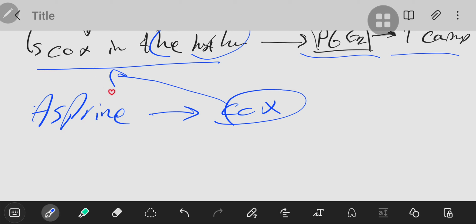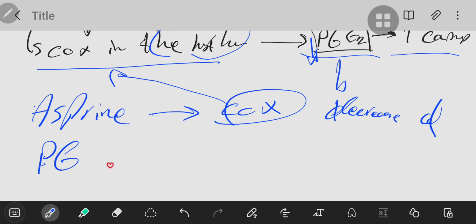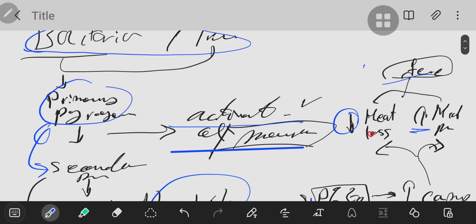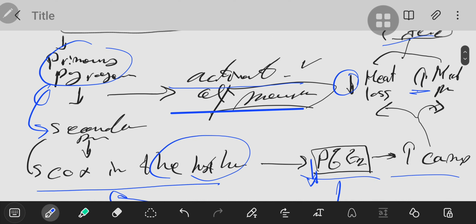If the COX is deactivated, it will decrease the prostaglandin. And if the prostaglandin decreases, that leads to a decrease of heat production, which is the treatment of the fever. And that's all for the fever mechanism.